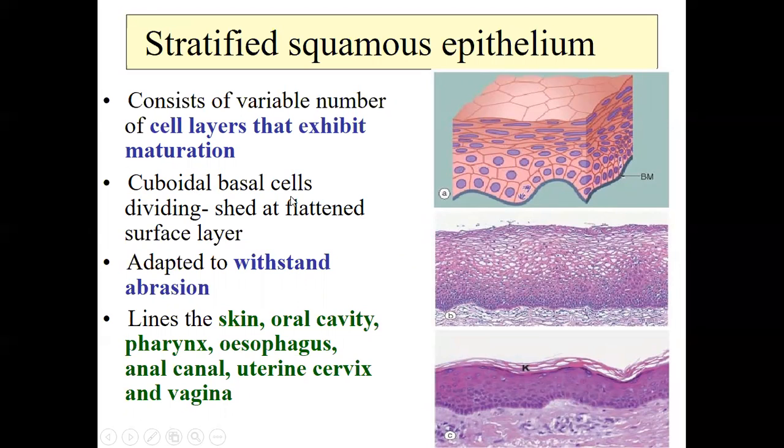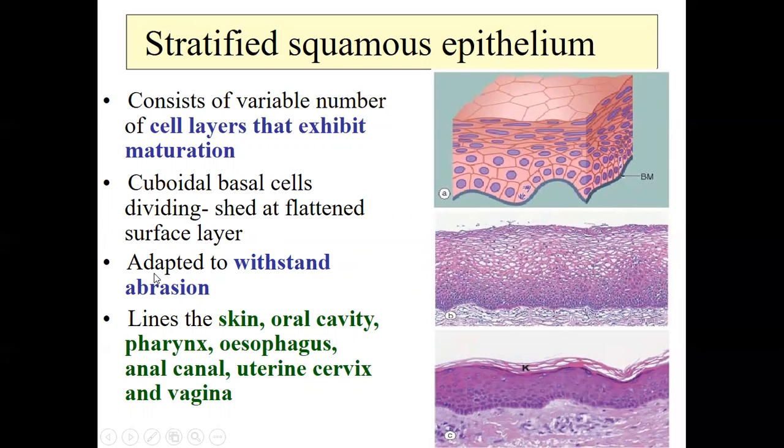You can see here the cuboidal cells dividing, and they will shed off at the flattened surface layer here. Whenever the cell undergoes apoptosis or death, it will be removed at the surface. The stratified squamous epithelium is adapted to withstand abrasion. You can see our skin, right? It can withstand the abrasion.